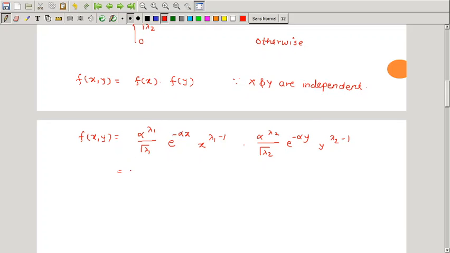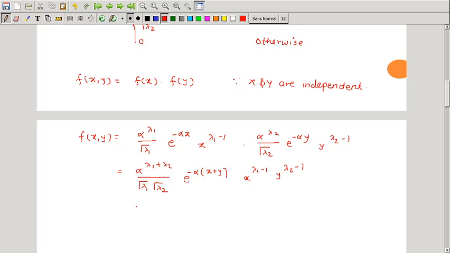So that means it is alpha raised to lambda 1 plus lambda 2 upon gamma lambda 1 into gamma lambda 2, e raised to minus alpha, minus alpha x and minus alpha y. So alpha is common, only x plus y is there, and x raised to lambda 1 minus 1, y raised to lambda 2 minus 1.